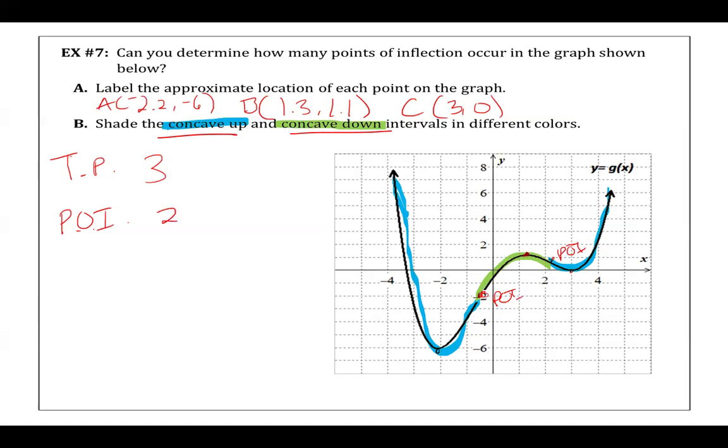And to find them, what do we do? We take the values here and here and find their average. Second one, find their average. Cool. On the first one, I'm just going to do it all at once. Our first POI is negative 2.2 plus 1.3 divided by 2, comma, negative 6 plus 1.1 divided by 2.